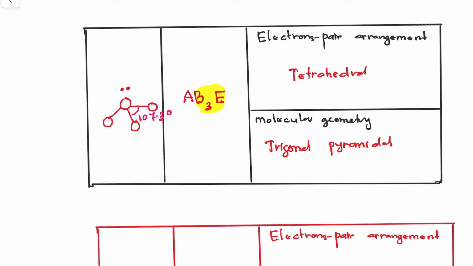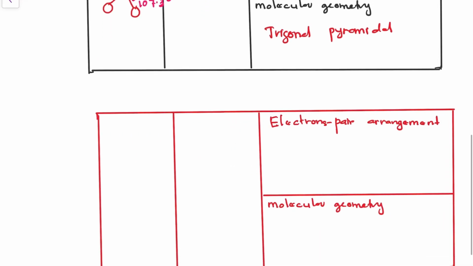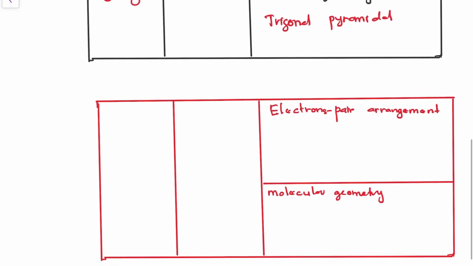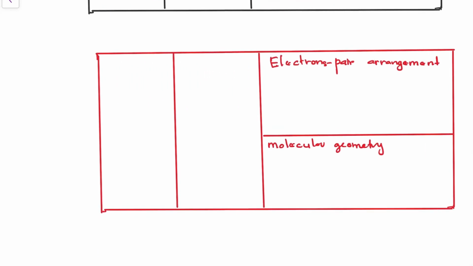If we replace another bonding atom with another lone pair, you will have one central atom, and you only have 2 bonding atoms with 2 lone pairs. The general formula is AB2E2. The total is 4, so the electron pair arrangement is tetrahedral.